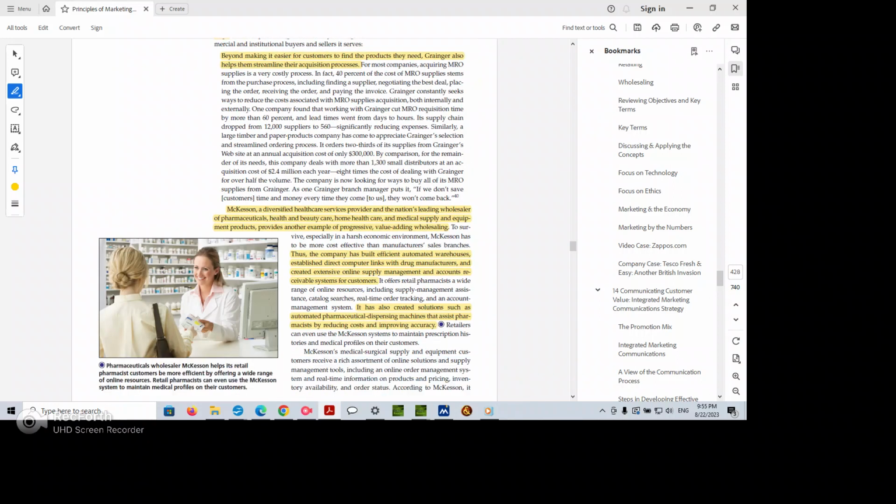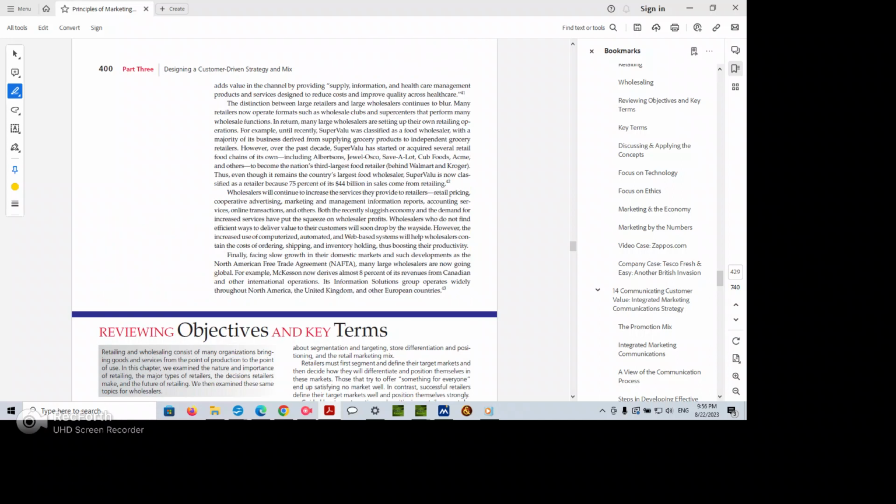You have to always relate it back to the industry you're in, because each industry has a different purpose for being and has a different value to the customer in terms of their needs. It also offers surgical supply, etc., and it's the same idea.